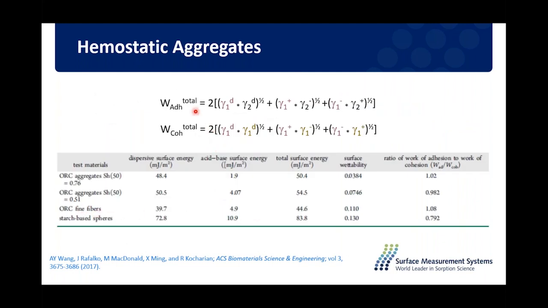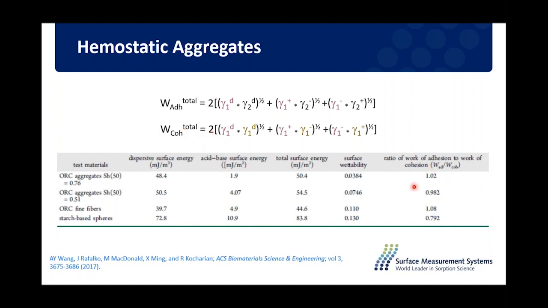So we actually did a work of adhesion versus work of cohesion calculation, where we used the surface energy of the aggregates of the clotting agents, and then we used the surface tension of blood. That is a known value that's been measured before. And we can measure this work of adhesion to cohesion ratio. Does the aggregate or the clotting agent want to stick to itself or want to stick to the blood?